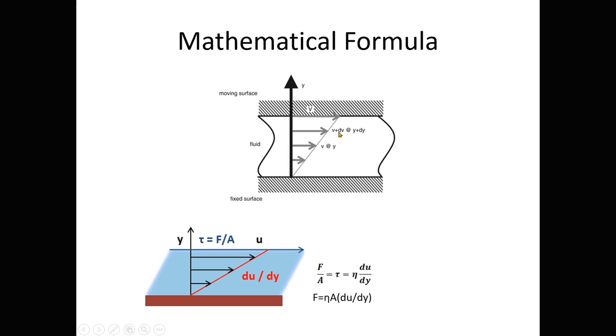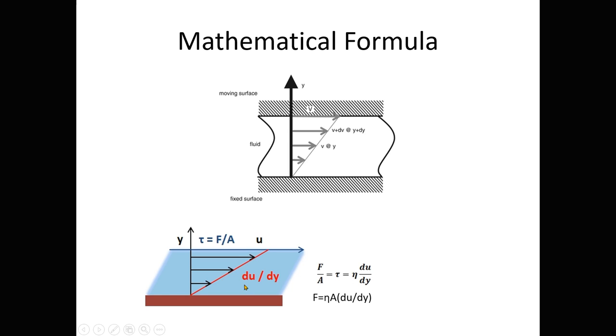Actually, this is a different figure. In this case, v is changed into u. Same thing: this is u plus du, this is u, this is y, and this is y plus dy. This picture and the previous picture are the same, only velocity has been represented here by v and here by u.